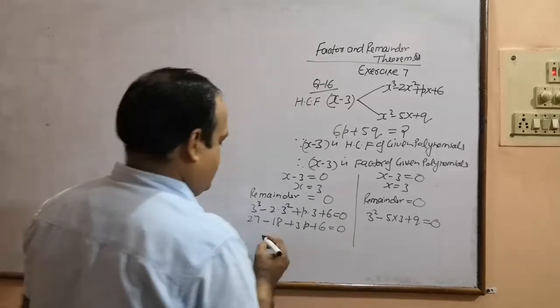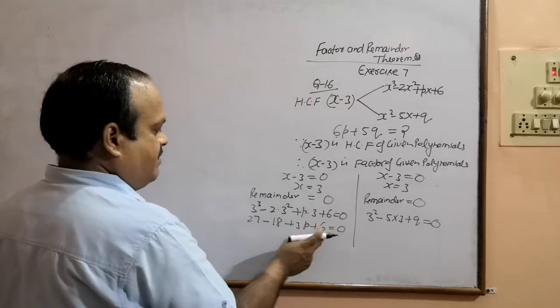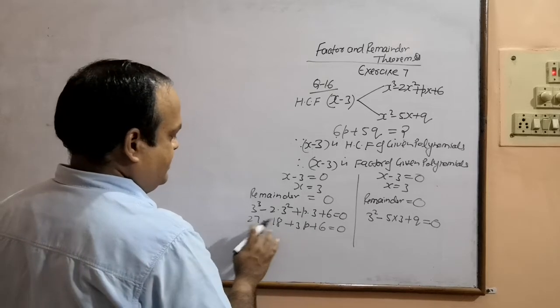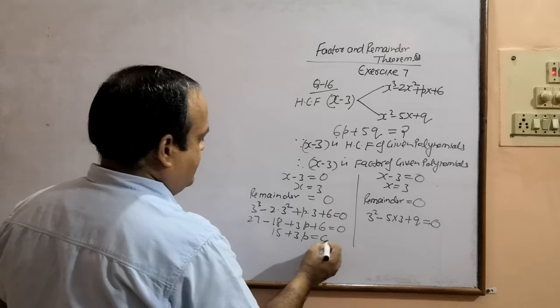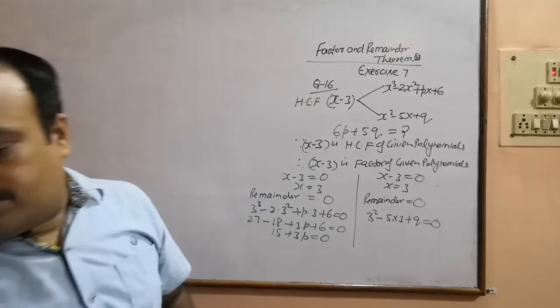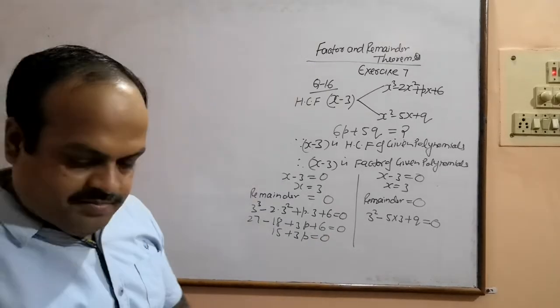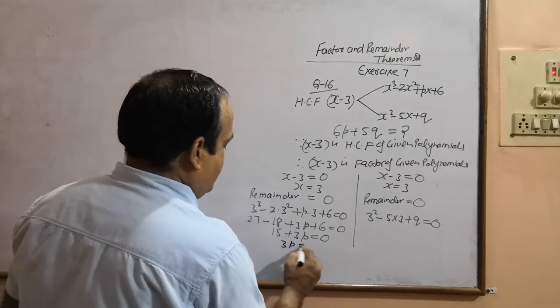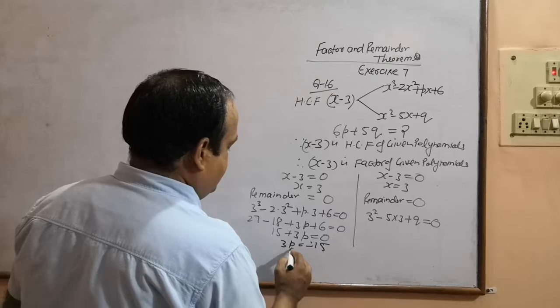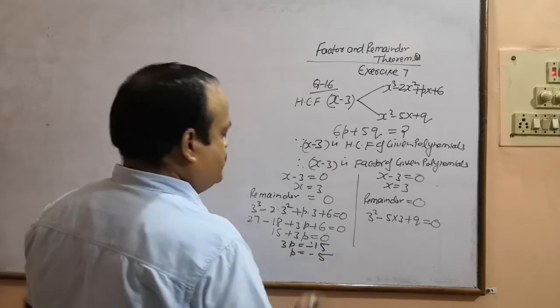This gives 27 plus 6, 33. 33 minus 18, 15 plus 3p equals to 0. So 3p equals to minus 15, p equals to minus 5.